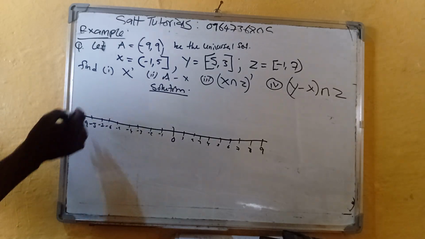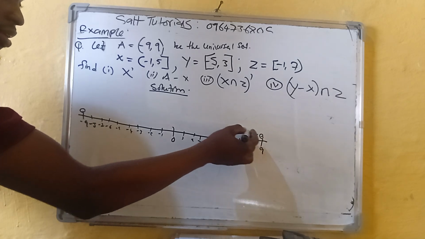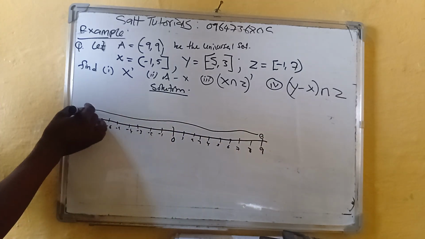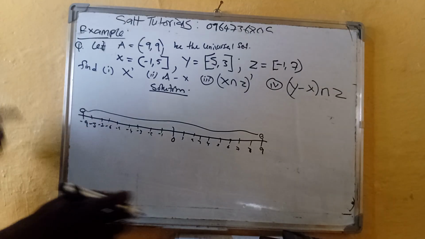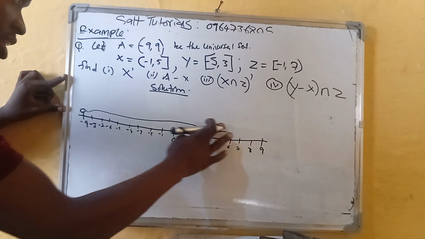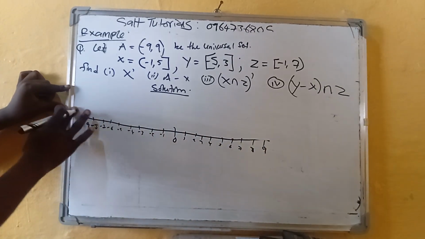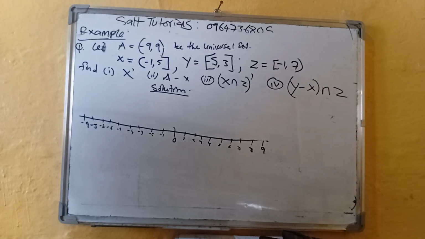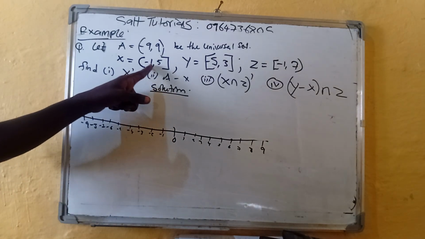So running from -9 to +9, all this is basically my universal set A. Sometimes, just the way I have done here, this line by line is my A. I can now just start putting X, Y, and Z. So X is running from -1 to what?